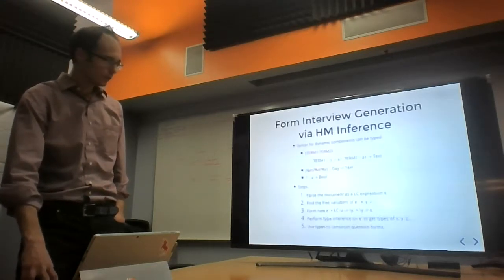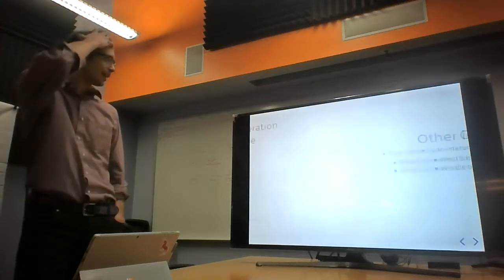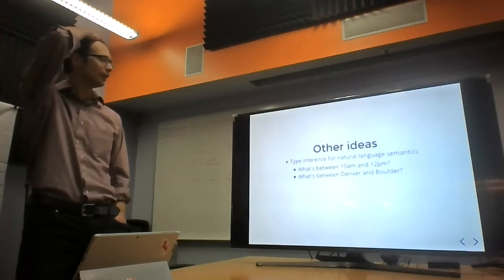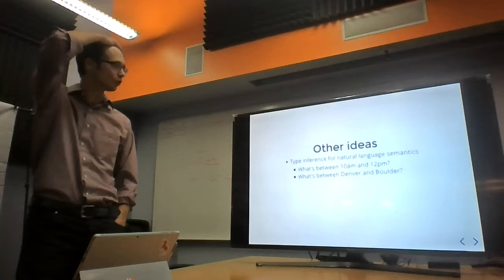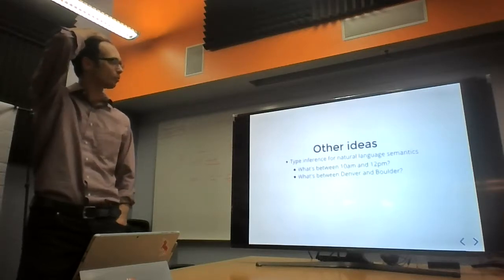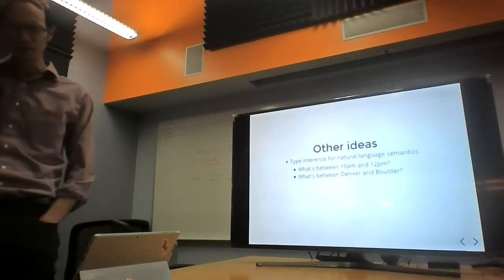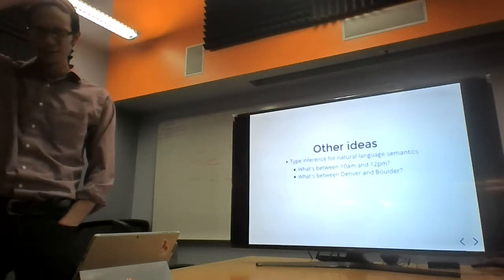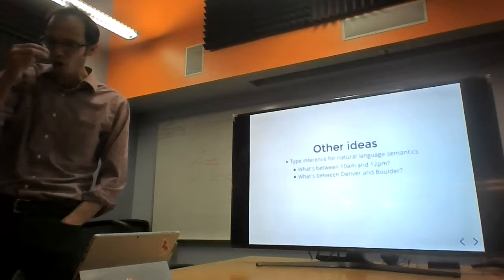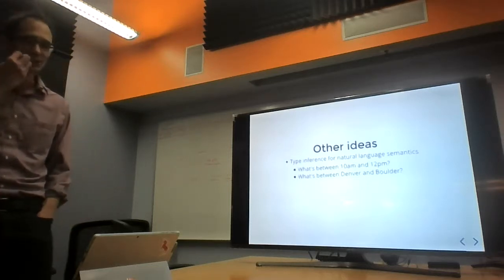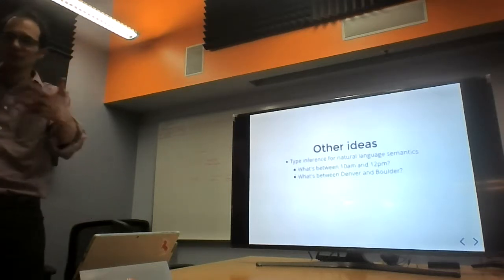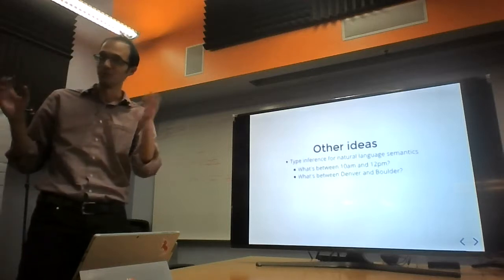So this got me thinking about some other ideas in this space, other places where there's information and people don't necessarily want to spend the time to give you all of the specific information, but it feels like a machine should be able to figure it out from context.